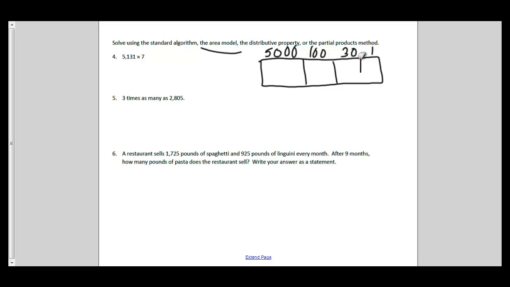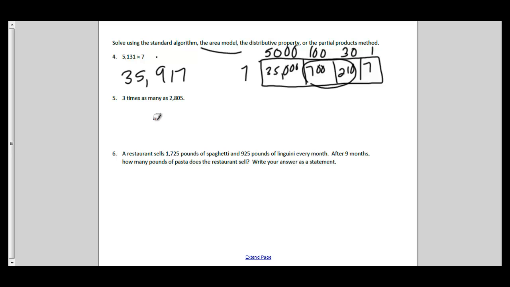I'm going to multiply all of that times 7, so that would be 35,000, 700, 210, and 7, and then I just have to add all those together. I think I can probably add this together in my head, because this is 910, so this would be 917, so it'll be 35,917. So if you did standard algorithm, just see if you got the same answer as me.